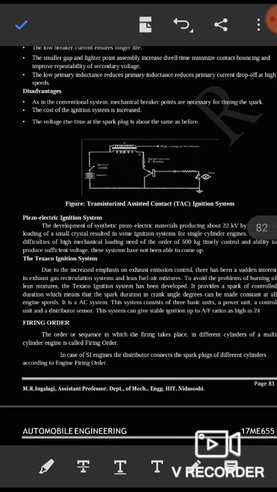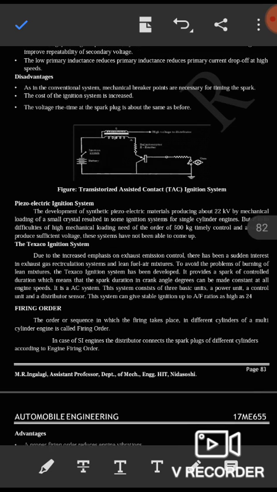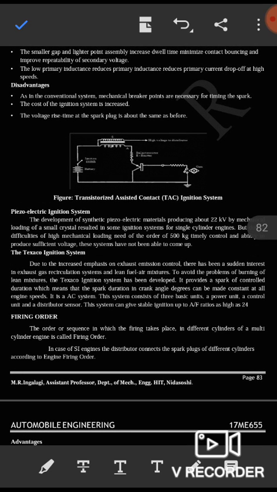Now the Texaco ignition system. Due to the increased emphasis on exhaust emission control, there has been a sudden interest in exhaust gas recirculation and lean fuel air mixtures, to avoid the problem of burning of lean mixture. The Texaco ignition system has been developed.